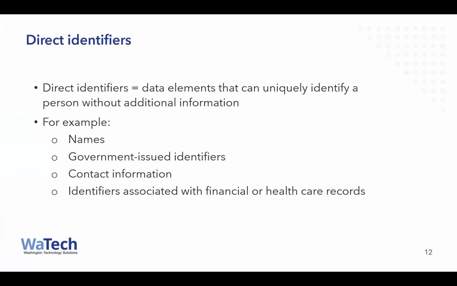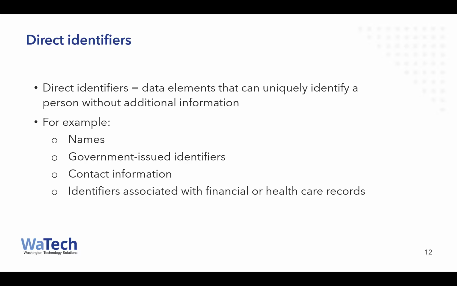We also have government issued identifiers, again, where there's a one-to-one relationship there. So common examples would be a social security number or a driver's license number or a passport number. Contact information normally also falls under the direct identifier bucket. So this would be those street addresses I mentioned earlier, email addresses, phone numbers, and those types of identifying information.